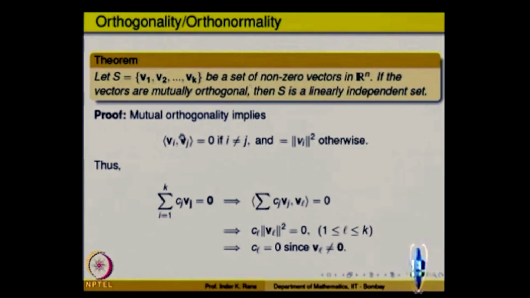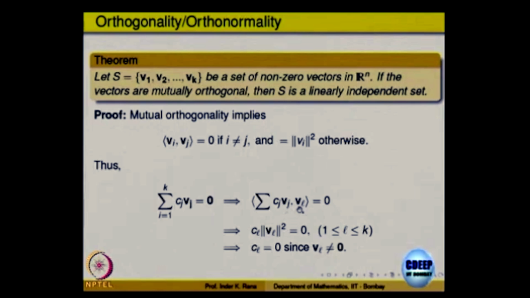Take a linear combination, summation cj vj equal to 0. I can take the inner product on both sides with any vector vl. On the right hand side, inner product with 0 will be 0. On the left hand side, what will we get? Summation cj times the inner product of vj with vl, where the running index is j and I have taken a particular vl.